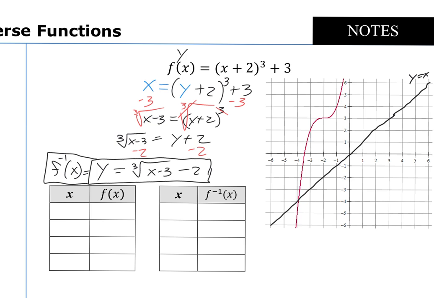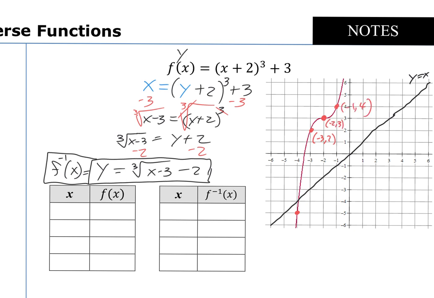So what would that look like? Let's look at a couple points that I know for sure. I got this point here, looks pretty solid. This also looks like a point, this also, and this also. To be accurate, when I write the reflection, this is negative 3, 2, this is negative 2, 3, and this is negative 1, 4.